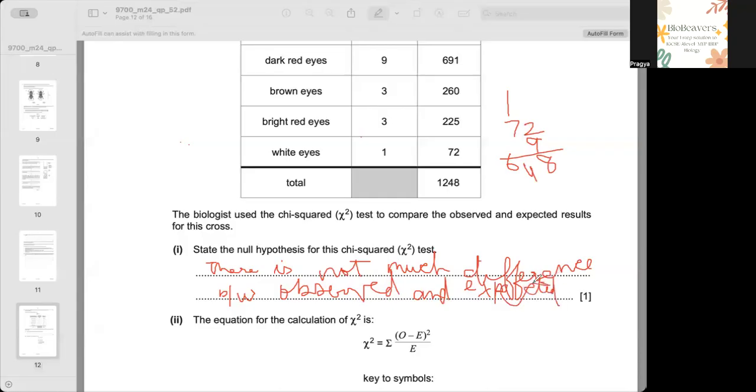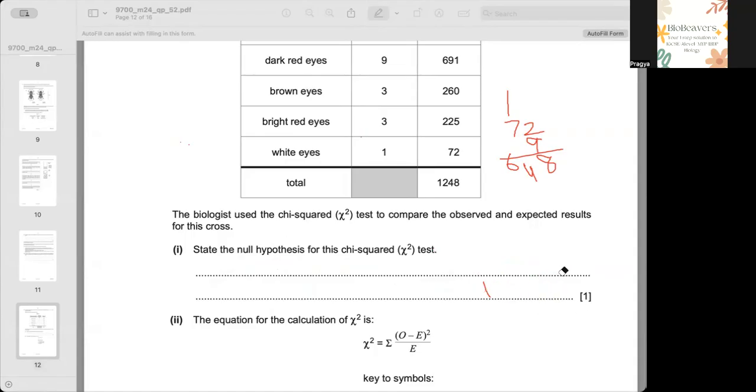There's not much difference between the observed and the expected results. So please, please, please make sure that whenever you're writing the statement, either there's too much difference, but you need to have the terms observed and expected used here when you're talking about each one of them. Okay. And now we move on to the next question.